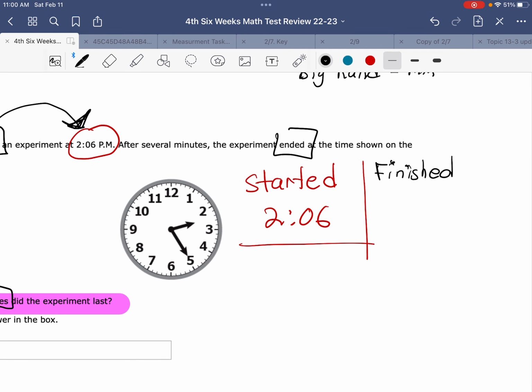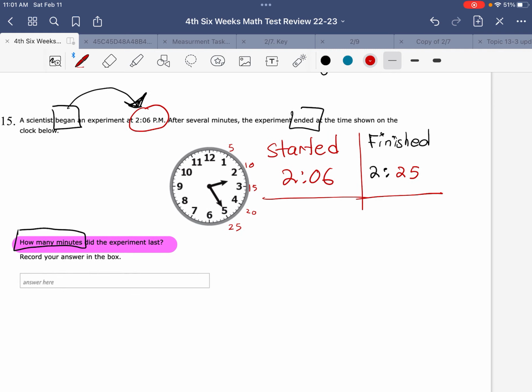So it's 2. And then if I count my minutes, they count by 5. So I have 5, 10, 15, 20, 25. Okay, so it finished at 2:25.